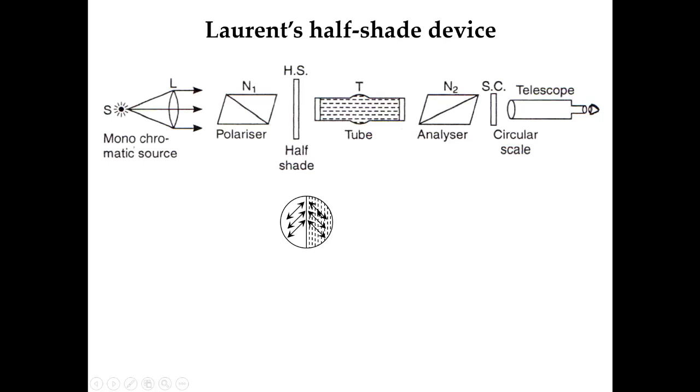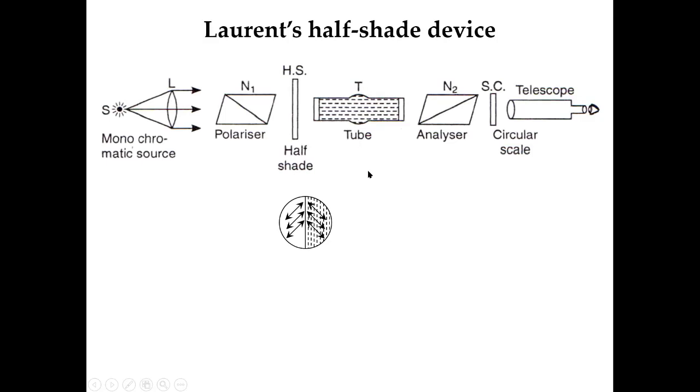When these two types of rays are passed through the optically active material, then this material rotates the plane of polarization of both the rays by some angle, depending upon the length of this tube and the concentration of the material in this tube. First, consider the situation when this material is absent from this place.